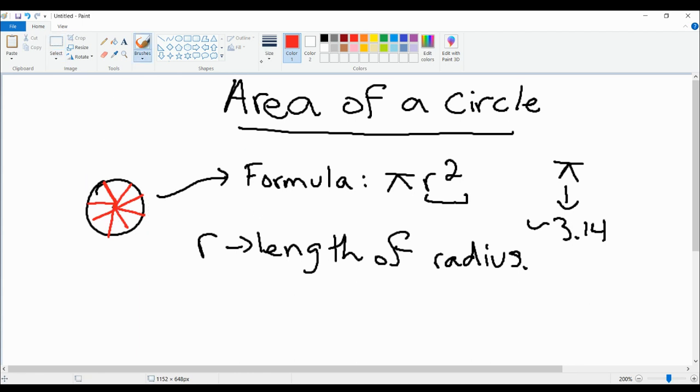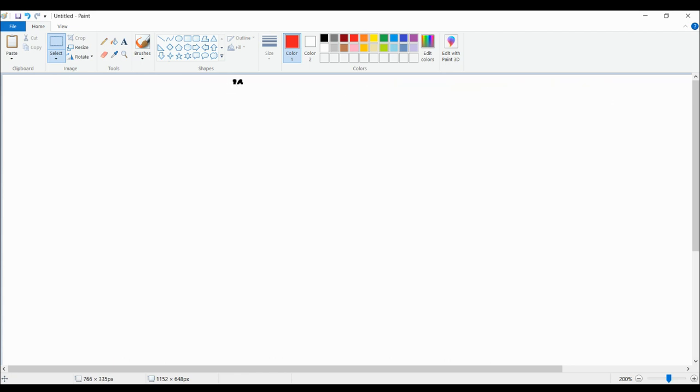So let's go with a problem here. Say that we have a circle right here. Oh, that's not a very good circle. Let's say we have a circle right here. Let's say the circle has a radius of approximately 3 inches.